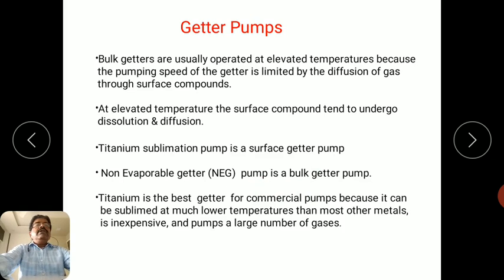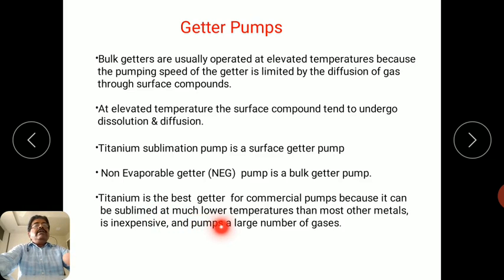Now why is titanium the most suitable metal out of all the different metals we discussed earlier, that is molybdenum, niobium, zirconium, aluminum, tantalum and so on? Titanium is the best choice because it can be sublimed at a much lower temperature. Sublime means that when a material is heated, instead of going into the liquid phase first, it goes directly to the vapor phase; that is the sublimation process.